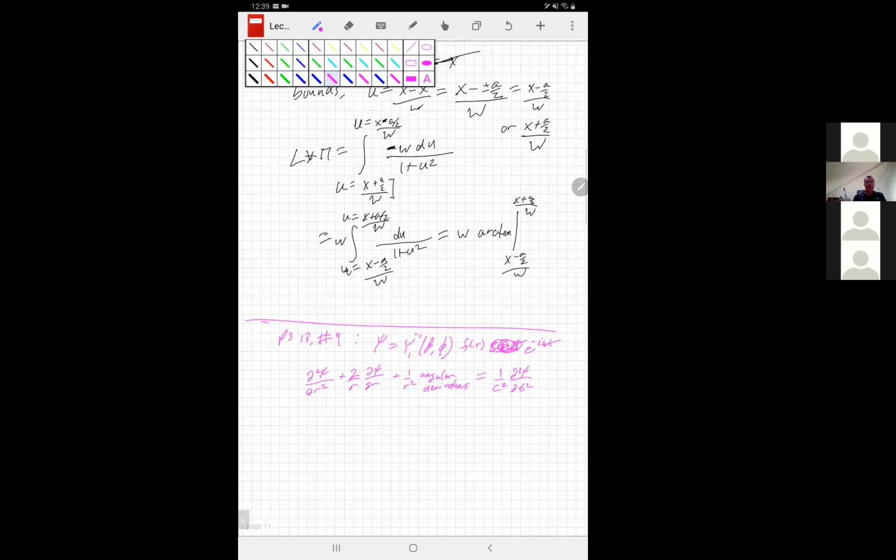Well, one thing we know about the spherical harmonics is that when we take all those angular derivatives of Y_lm, the whole point of writing out the angular derivatives of Y_lm is that you get minus l times l plus 1 times Y_lm.